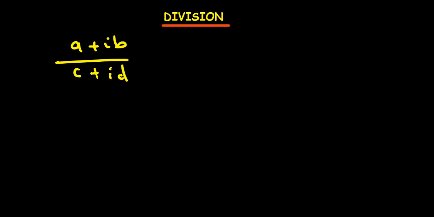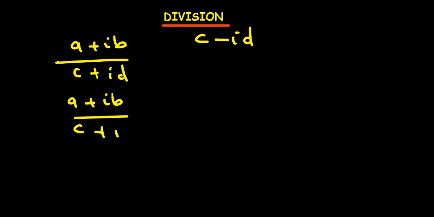In this case, that is c minus id. So you have a plus ib divided by c plus id, then you multiply both the numerator and the denominator by c minus id.